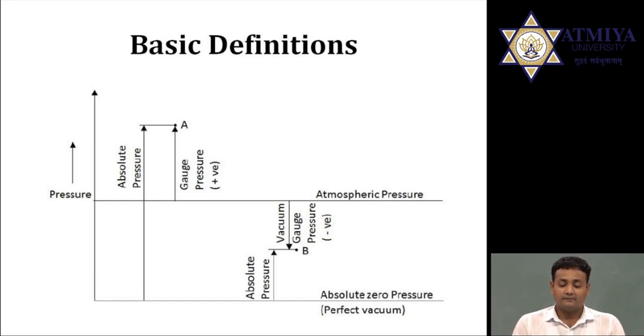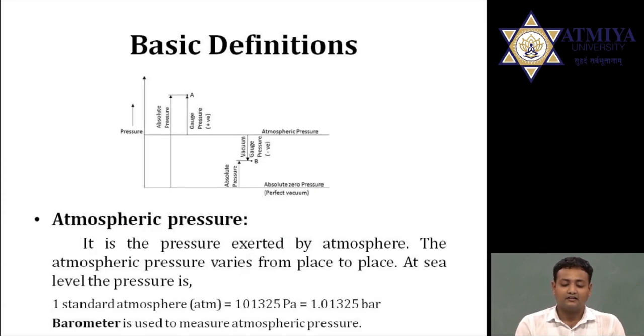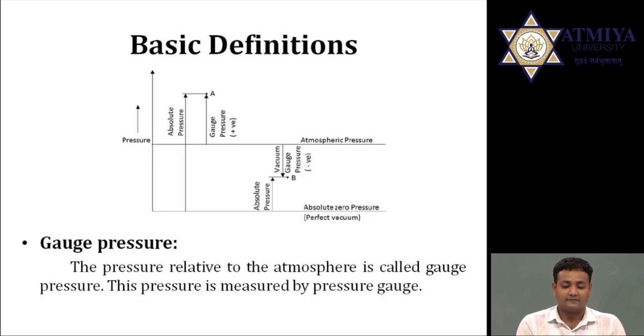Here are different types of pressures: absolute pressure, gauge pressure, vacuum pressure, atmospheric pressure, and absolute zero pressure. First of all, atmospheric pressure. It is a pressure exerted by the atmosphere and it varies from place to place, measured from sea level. The standard atmospheric pressure is 1.01325 bar, and this pressure is measured with the help of a barometer.